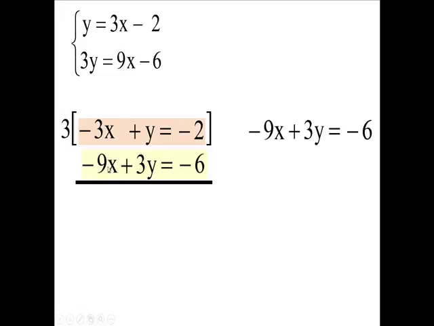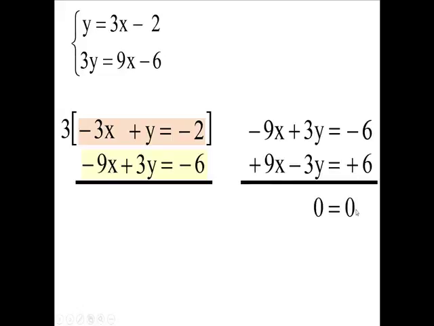If I want to have a plus 9x, so I can add to this and eliminate the 9x's, I will change the sign of this, this, and this. You multiply this by negative 1, multiply this by negative 1, multiply that by negative 1, and watch what happens with our identical lines. When you add them up, you get 0 equals 0.